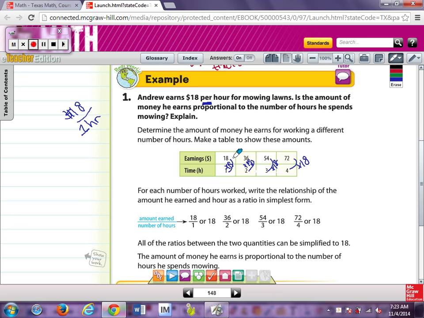And as a matter of fact, we can prove it also because we can show that we have equivalent ratios. So let's say we take the second example here, $36 for 2 hours. Well, if we simplify that by cutting everything in half or dividing by 2, we get 18 to 1. Let's say we take this third example right here, $54 for 3 hours. Well, if I divide everything by 3, we get 18 to 1 again.